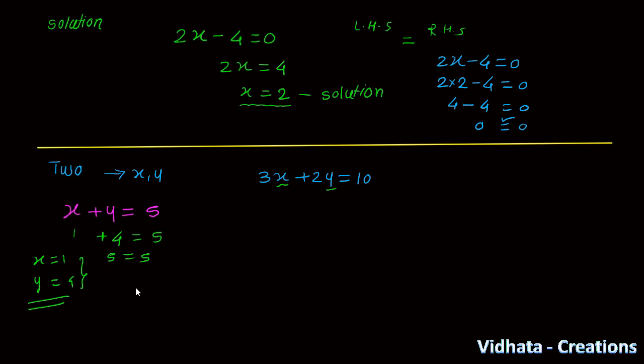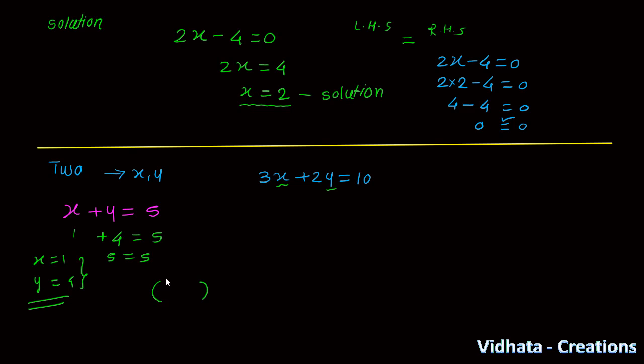And there is one procedure of writing the solution of an equation in two variables. We take a simple bracket like this and write its solution as an ordered pair, in standard form.